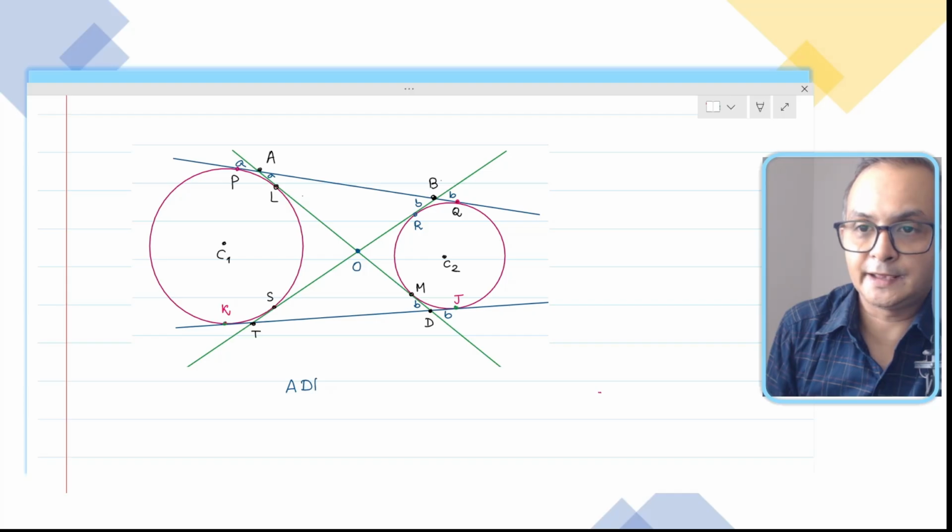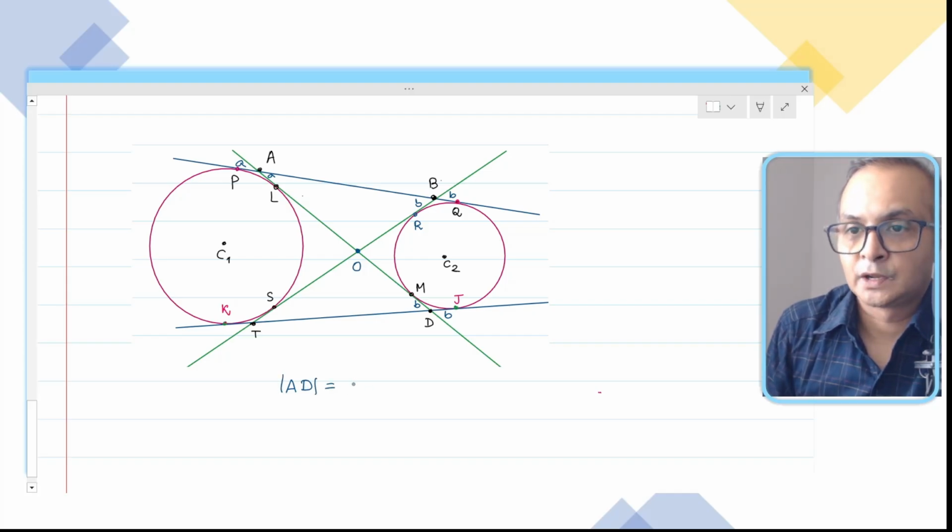So I have to find the AD. So AD I can write as, you notice, AM plus MD. But you also notice the AM I can write as AL plus LM and plus MD. Now let's give them values.